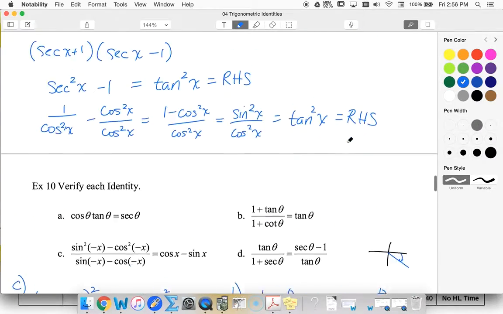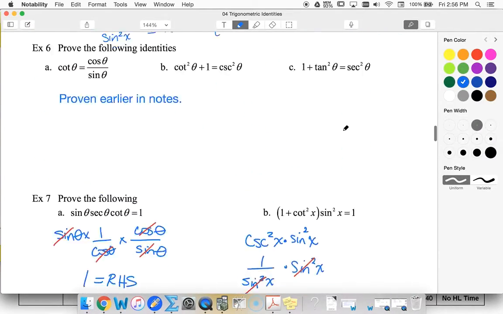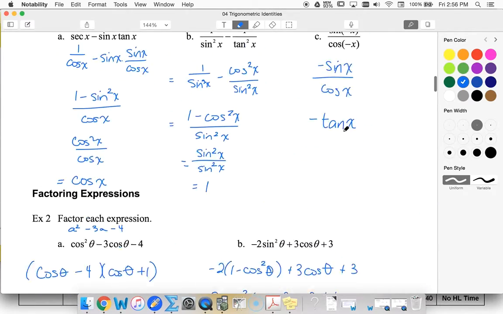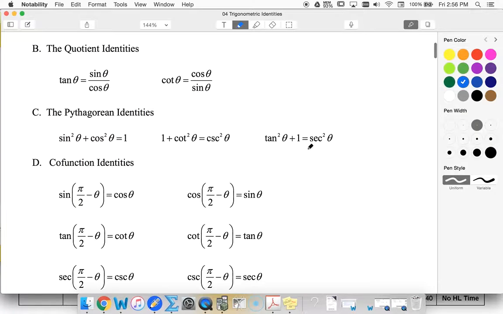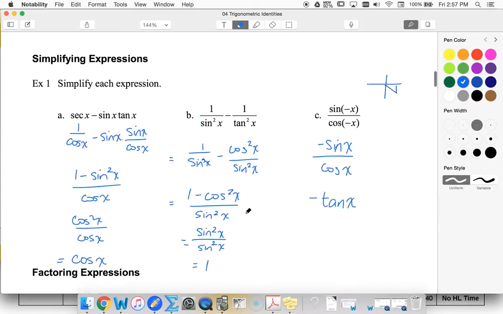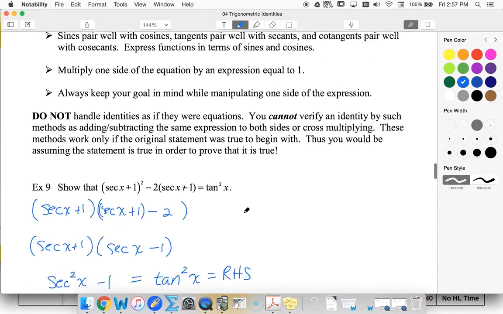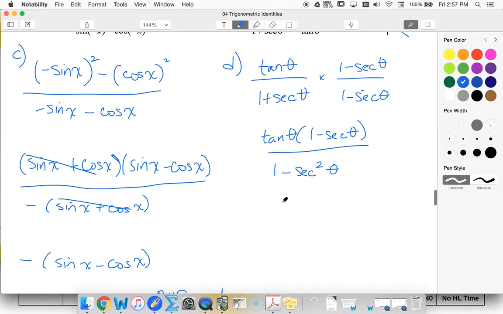So remember, my identity was, or is, present tense, secant squared theta minus 1 is tan squared. So let's just add that down into our bottom here. Okay.